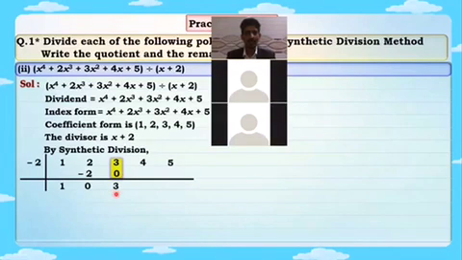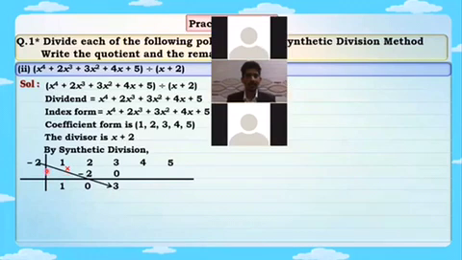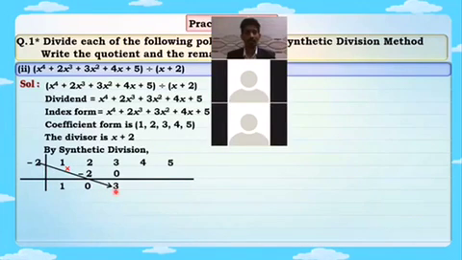Next step, let's multiply these two diagonally. 3 into -2, that comes to -6. So whatever answer you are getting, let's write down that answer below this 4. 4 minus 6, what is the answer? It is 2, but don't forget to write that minus sign, greater number sign, that is -2.